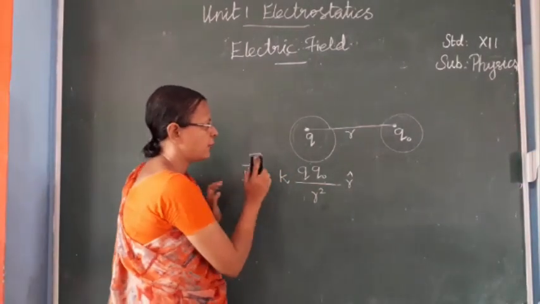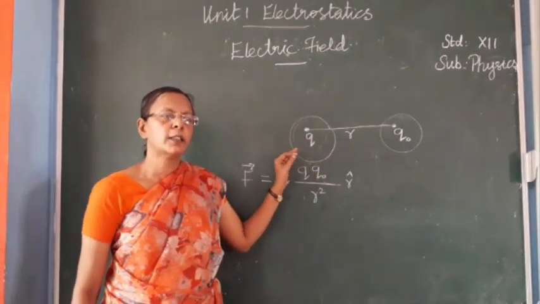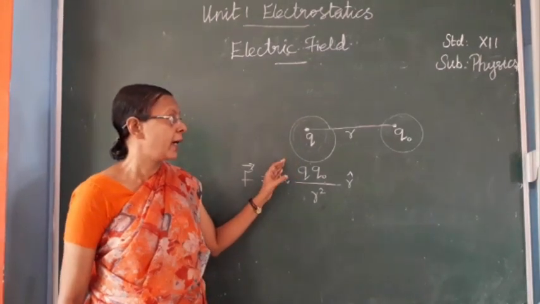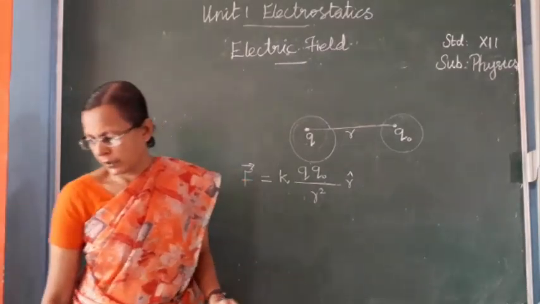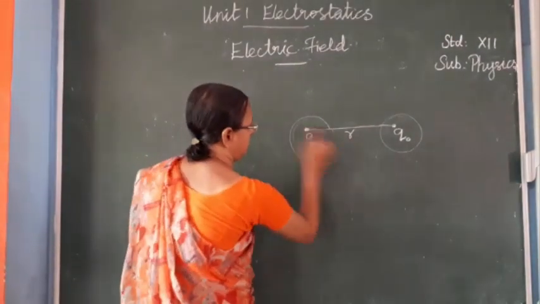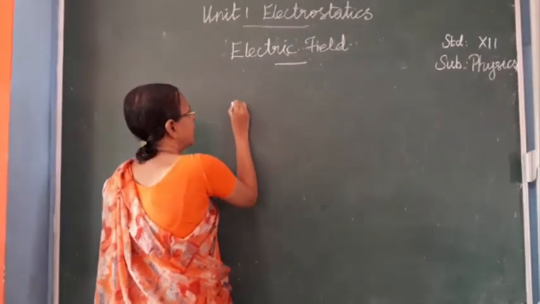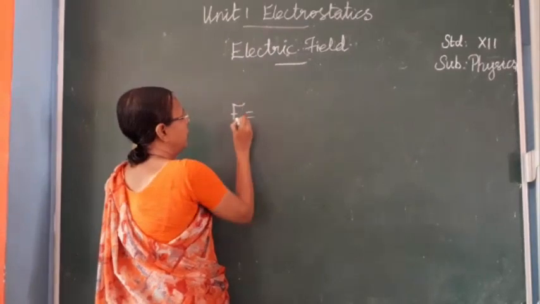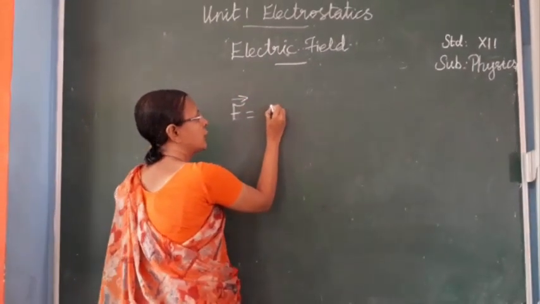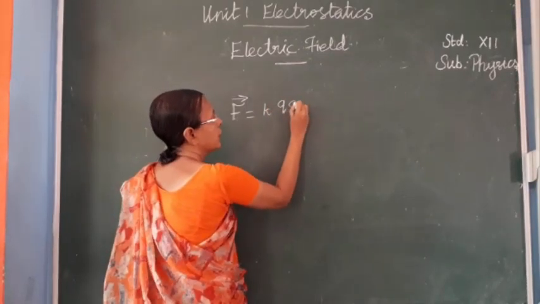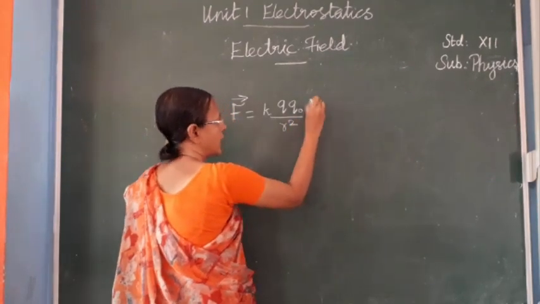Next, in Coulomb's law we learned the important aspects. In the same manner, for the electric field also we have to learn the important aspects. But before that, we know force is a vector: F is equal to K Q Q0 divided by R square into R cap.